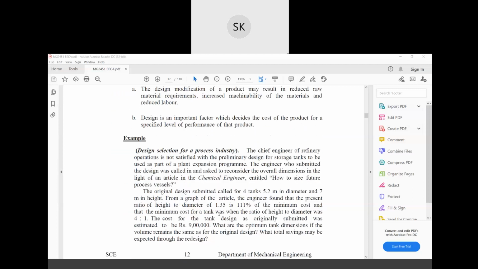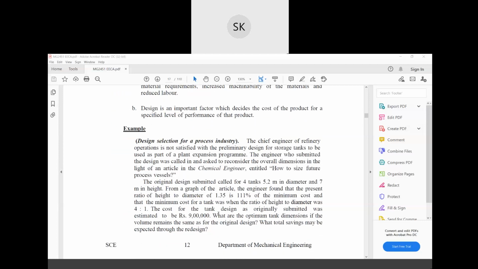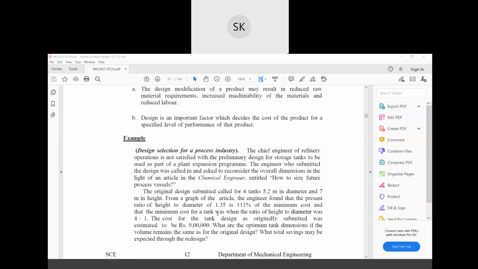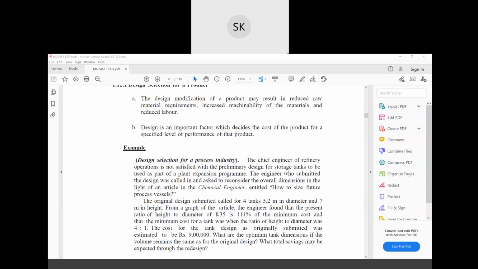So again, there is an example. The chief engineer of a refinery operations is not satisfied with the preliminary design of four storage tanks to be used as a part of plant expansion program. The engineer who submitted the design was called in and asked to reconsider the overall dimension in the light of an article in the Chemical Engineer entitled How to Size Future Processes.